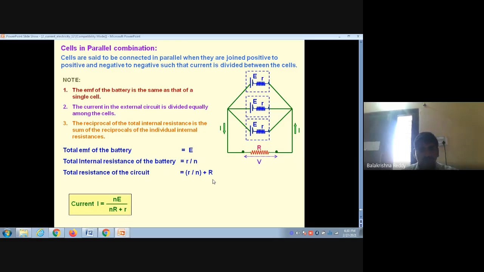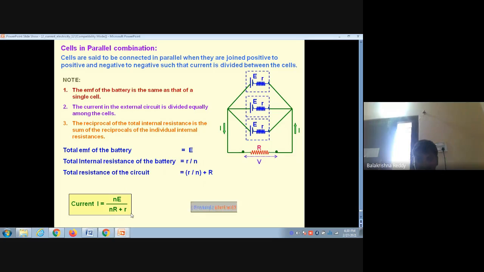Now current I equal to n into capital E by n into capital R plus small r. Same here also, we have applied V by R, meaning potential by total resistance. Total potential, since we have connected n number of cells, is also n into E. So total resistance is n into R plus small r.